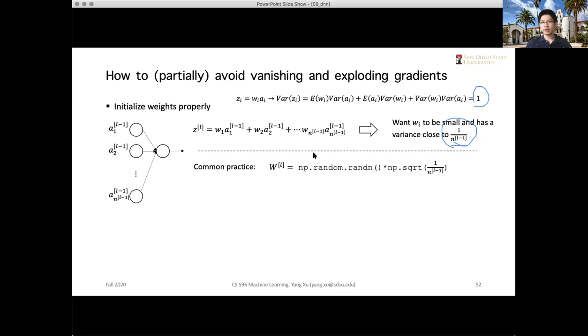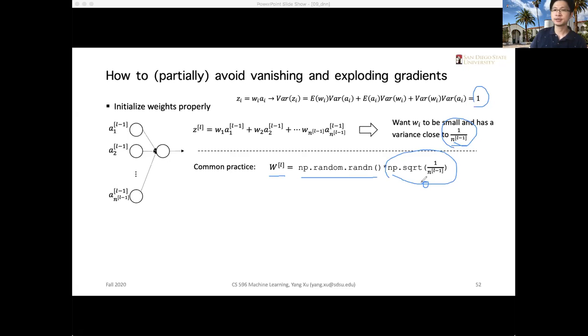And the common practice is that we randomly initialize the parameters at layer L to a random matrix, but scaled down by the square root of 1 over n^(L-1). If we want to explain why there is a square root, we need to read the paper from the person who proposed this method.